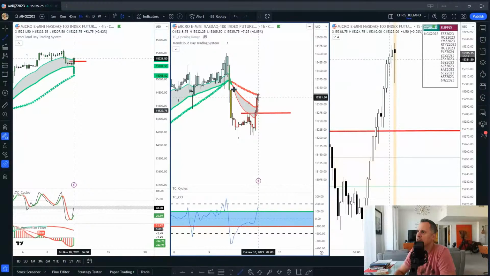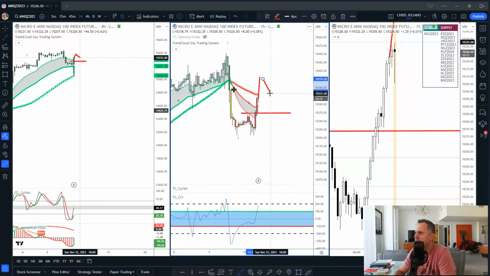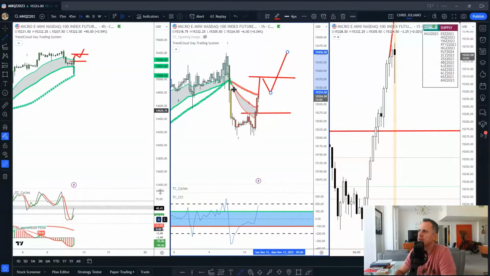We really want to see this break through at least the 50, right? We want to see it break at least through the 50, close, and then pull back, find support at the 50, and do that. That's the plan.